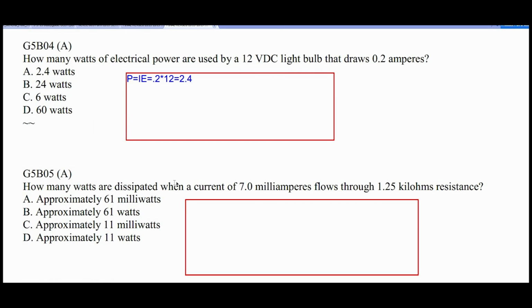G5B05, how many watts are dissipated when a current of 7 milliamps flows through a 1250 ohm resistor? So we're looking for watts, and we know that power equals voltage times current. Current times voltage is the way I put it up.